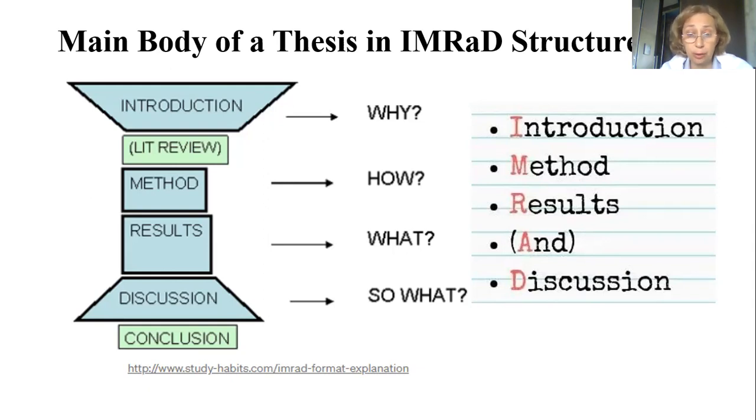So results, if it is an investigation, research, you should find something. You should discover something. That is why there should be some kind of experiment, or some kind of innovation that you investigate.